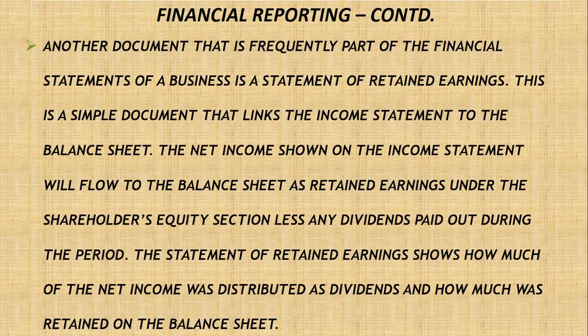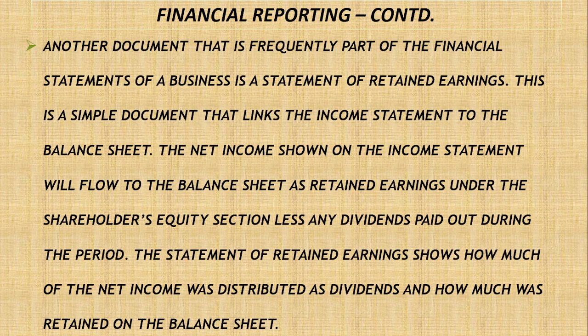Another document that is frequently part of the financial statements of a business is a statement of retained earnings. This is a simple document that links the income statement to the balance sheet.